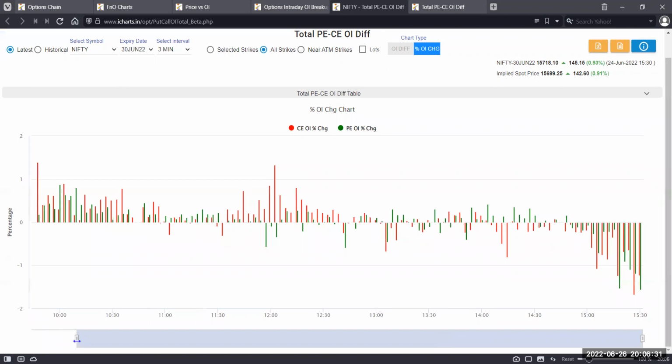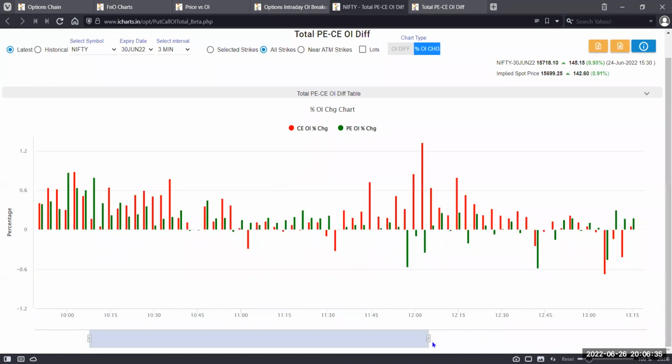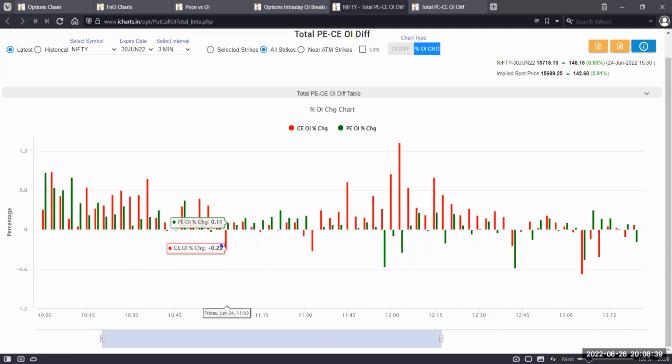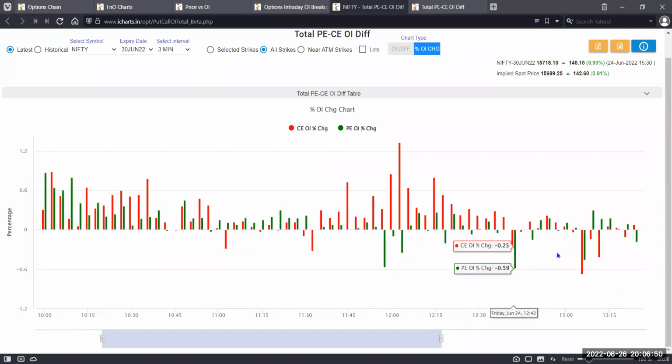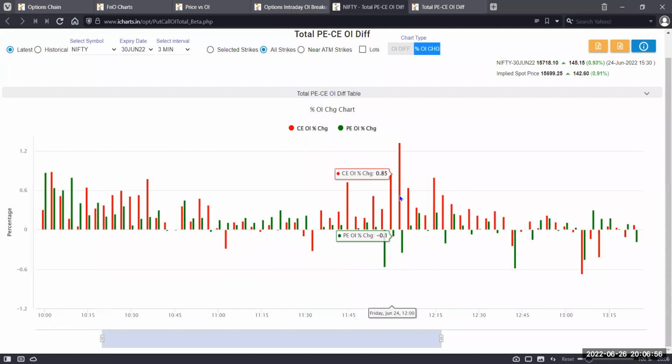So let me zoom it here. So these are unwinding that are happening, and these are of our interest. I mean, we are mainly concerned about the unwinding for analysis. Of course, buildup is important, that's for sure, because this will tell you the kind of strength that is there in the move that is going on.